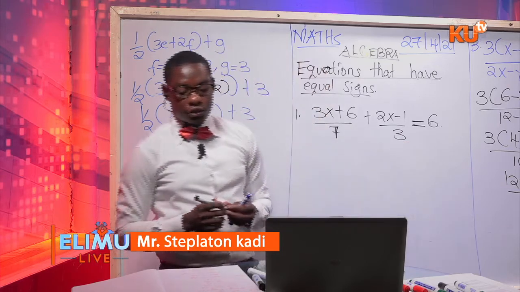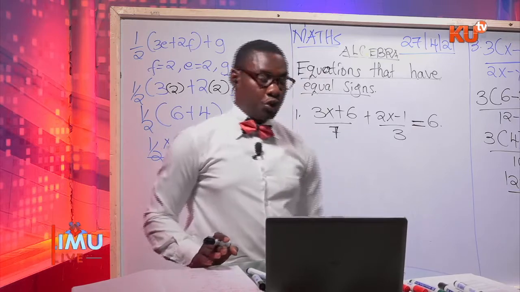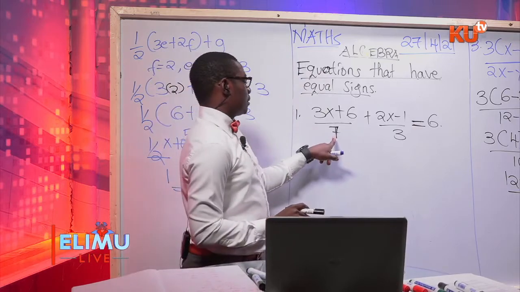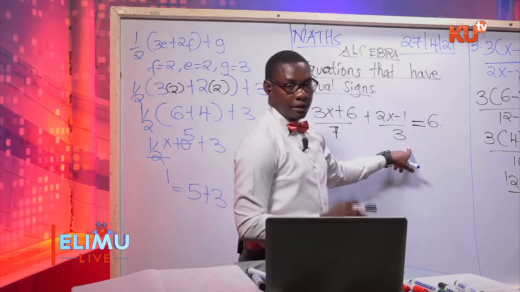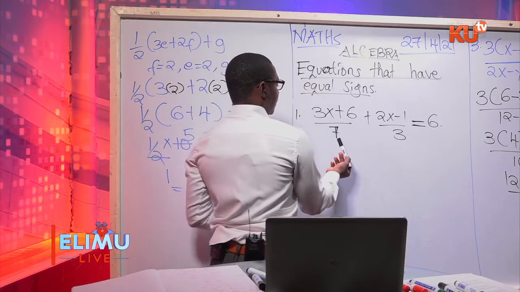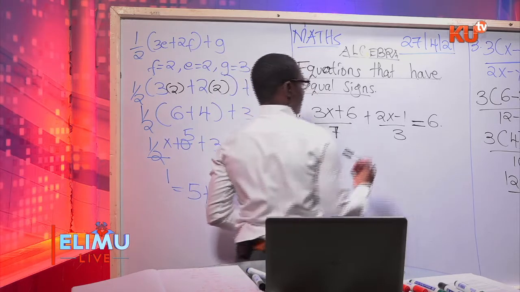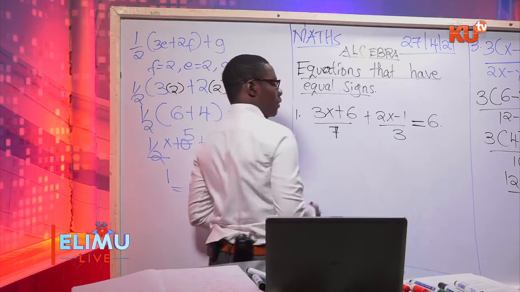To solve such questions, the first thing you do is get the LCM of the denominators. The LCM of 7 and 3 is 21.